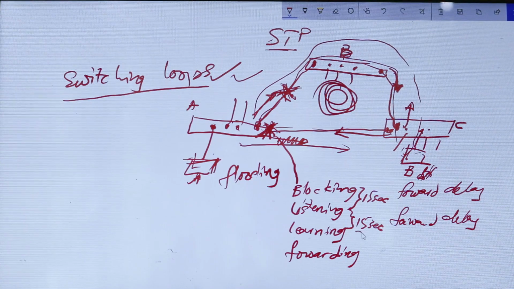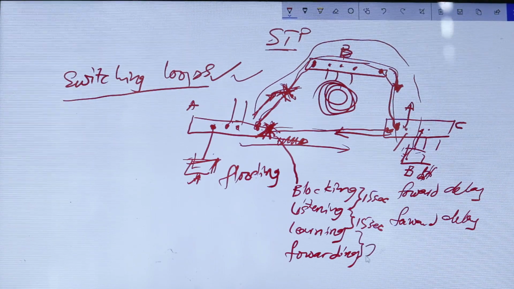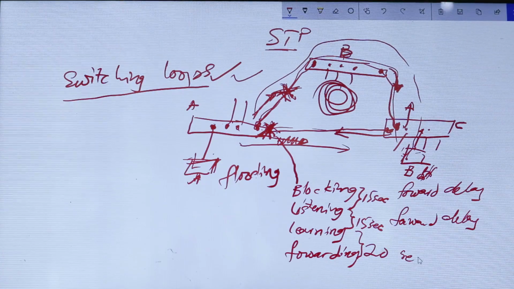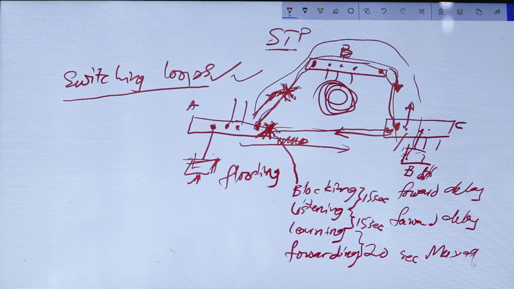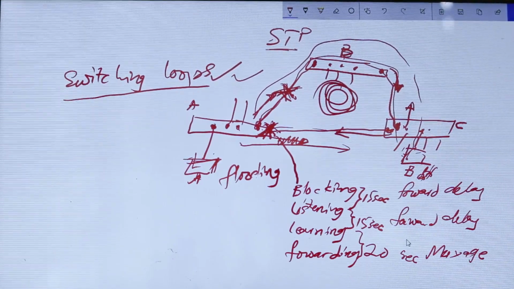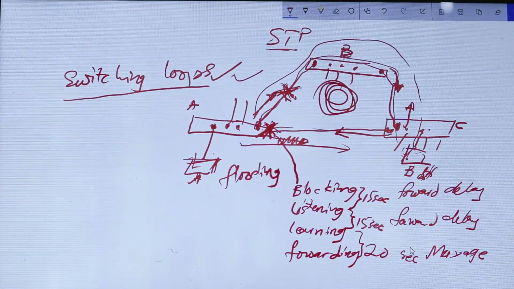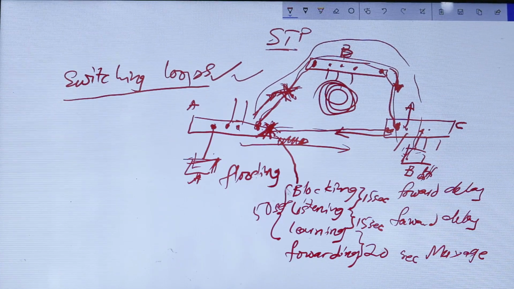From learning to forwarding is 20 seconds, and that is called the max age timer. So in total, STP will take 50 seconds to release a port from the blocking state to the forwarding state.